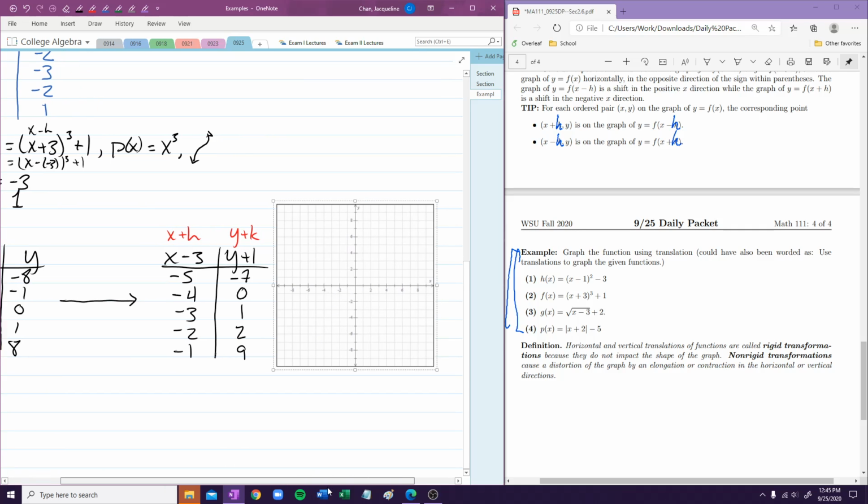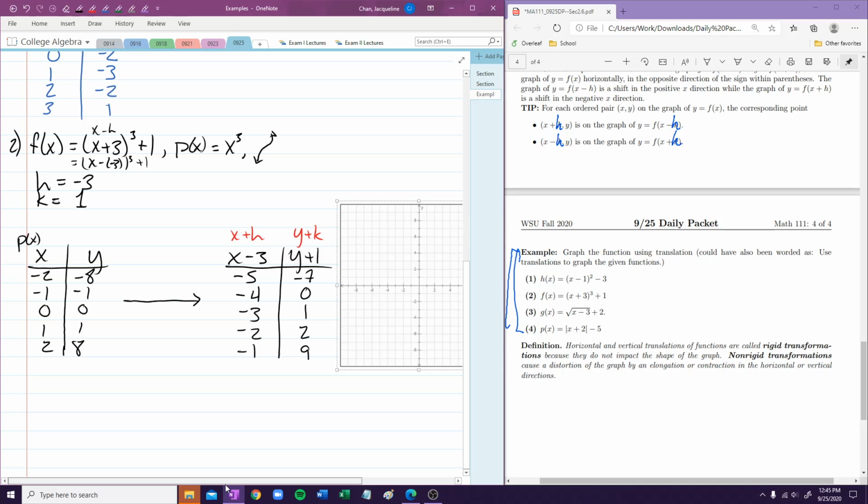It's fine, I'll just keep it right here, because technically we don't need the p of x, because we're not going to plot that.